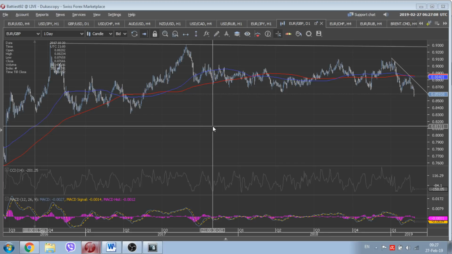At first, of course, the cable could be put under very strong selling pressure, but in case of an ordinary Brexit, probably not during March, before the deadline of 29th of March, but a little bit later, the UK pound could receive some additional upside boost.